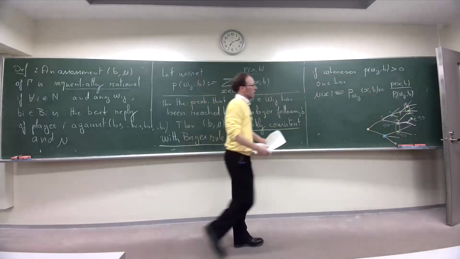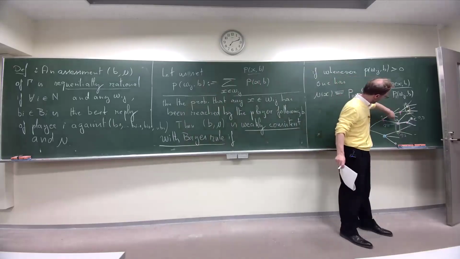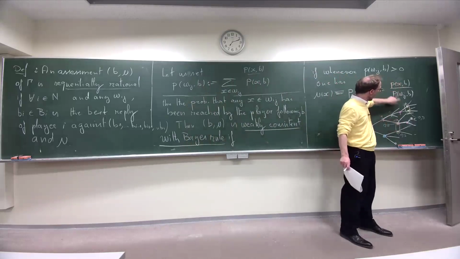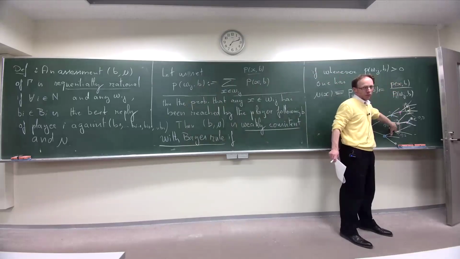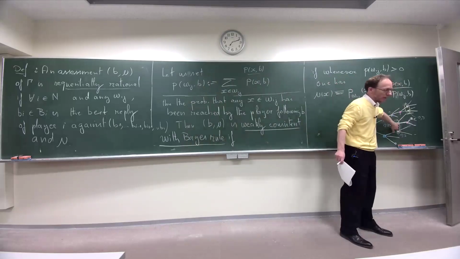Look, we had a certain probability to reach this point and another probability to reach this one. I divide by the sum of these two probabilities, and it gives me the probability to choose this one and the probability to choose that one.